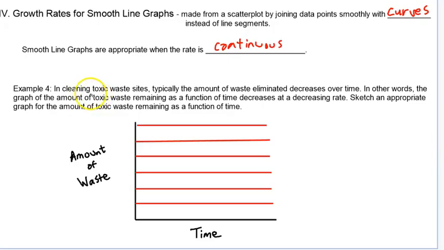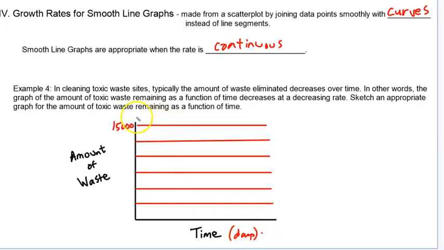So here's an example, cleaning out a toxic waste site. Typically the amount of waste eliminated decreases over time. That makes sense. In class I just used the example, maybe we have 15,000 tons of waste that we started with that's being removed, and time we'll just say in days.